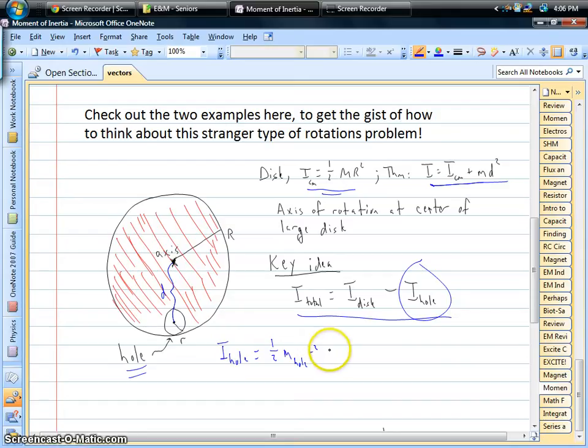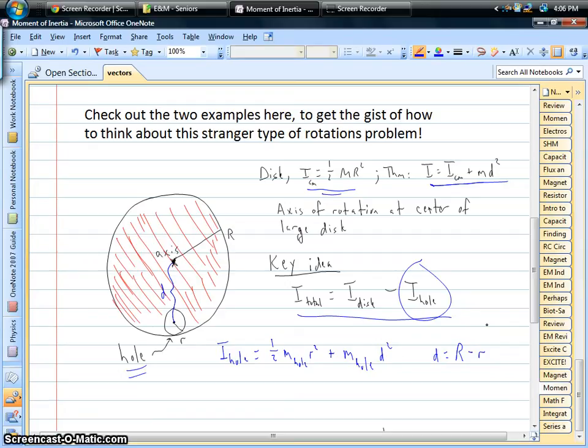But then because the axis of rotation for the hole is not its center of mass, we have to add in the mass of the hole times d squared. Now from our picture, d is the radius of the whole disk minus the radius of the hole. Okay, so we've got that.